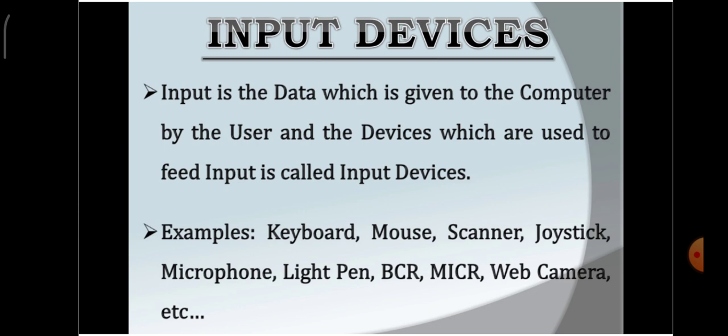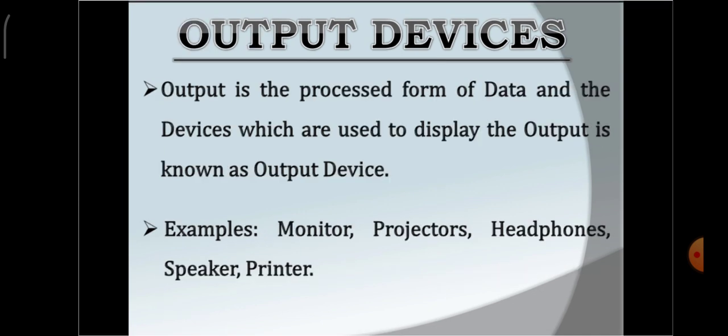The check will have the magnetic ink, and this device will recognize it, and smoothly the check will get cleared. Web camera, you already know what is web camera, etc. These are the examples of input devices.